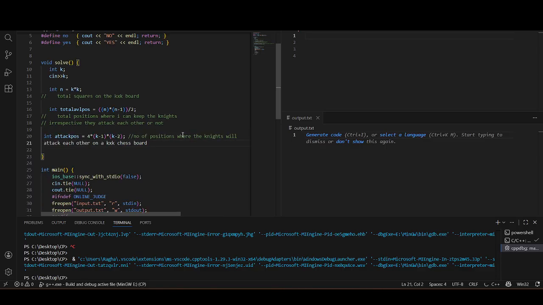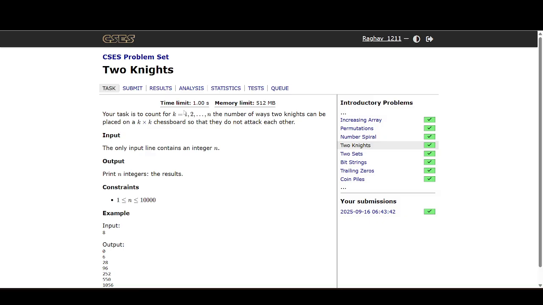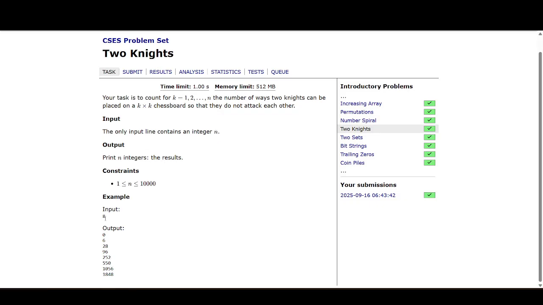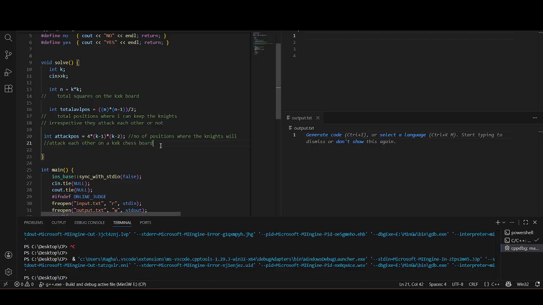Now we are given n, and from 1 to n we need to print the ways. For example, 8 is given, so for 1 cross 1, 2 cross 2 till 8 cross 8 we need to print the ways. So I will just loop for int i equals 1, i less than or equal to k, i plus plus, and we'll put everything inside it.